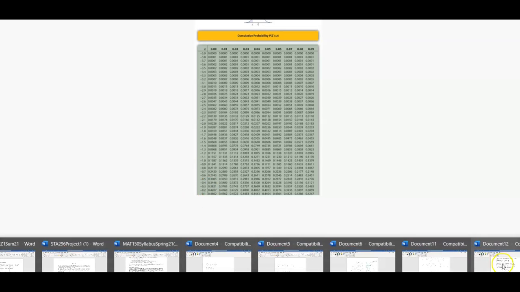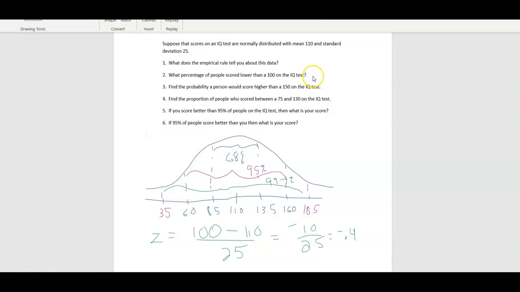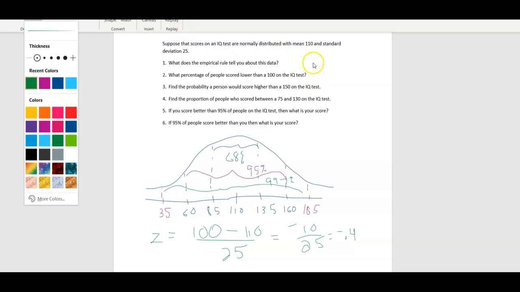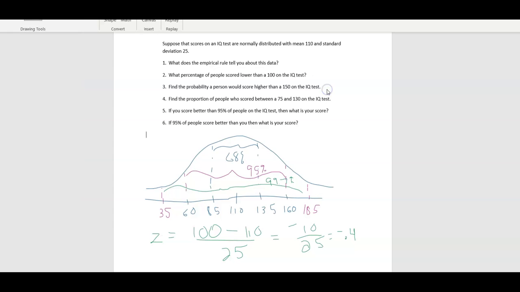So going back, this probability is 0.3446. Oh, I'm sorry, we're looking at this one here.